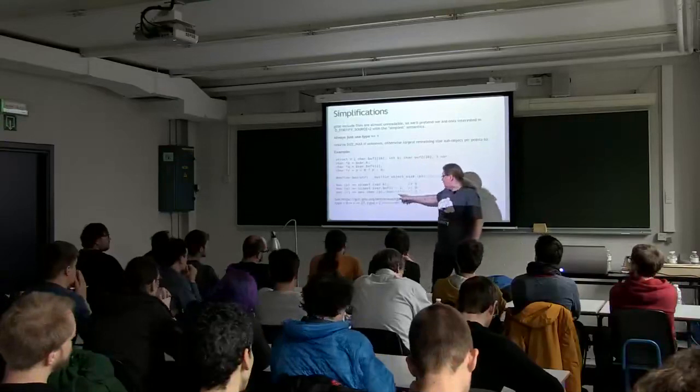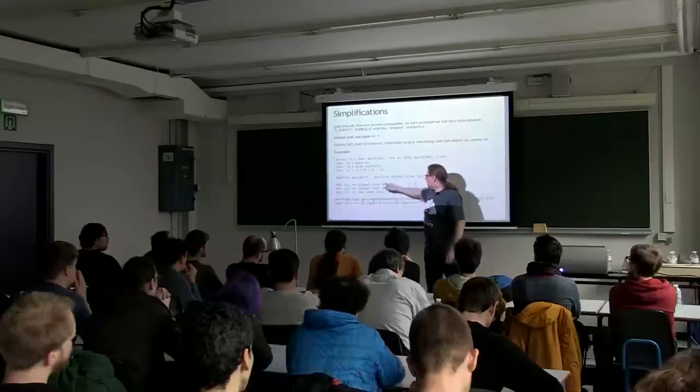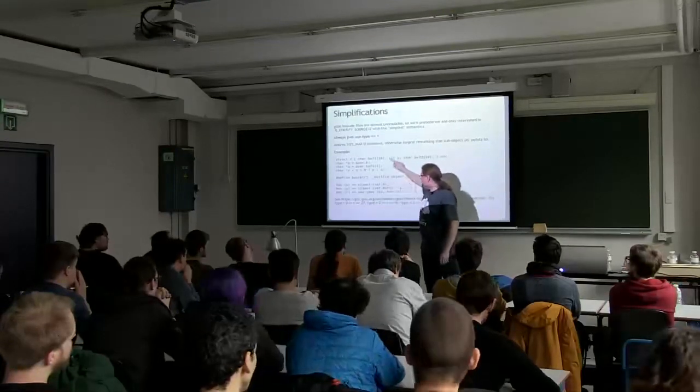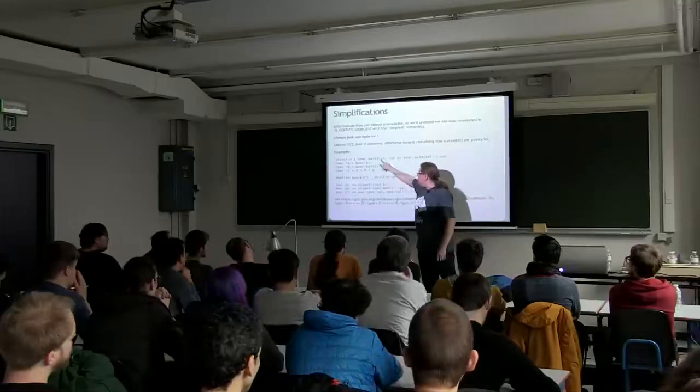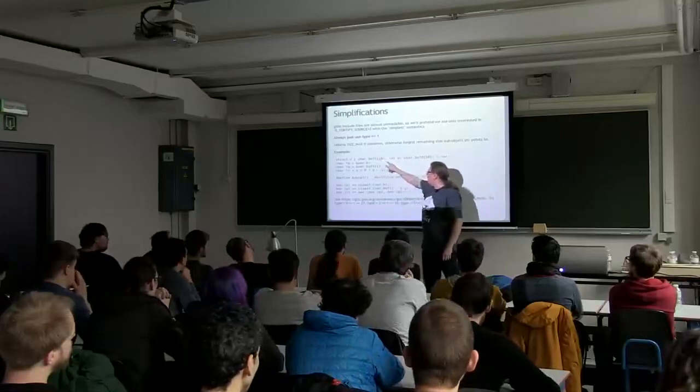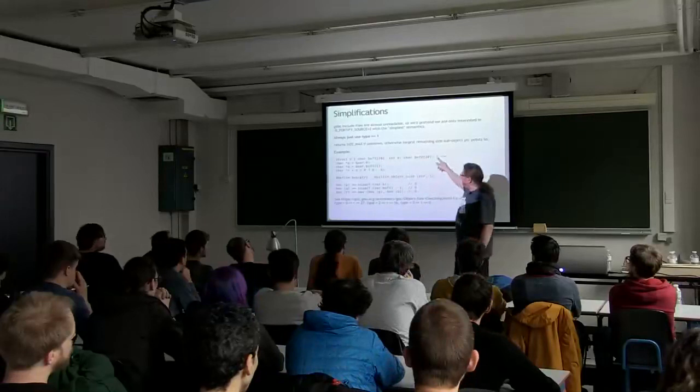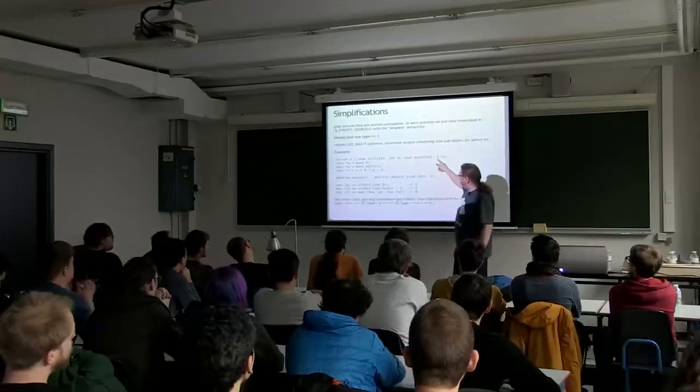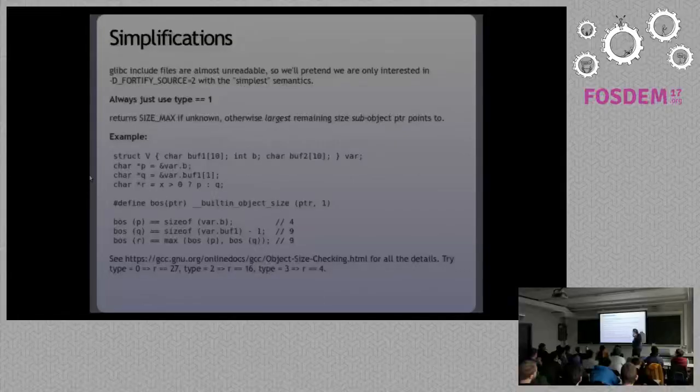So R points to P or Q, and Q points 1 after the first, and the remaining structure is 24. Is there padding involved? Yeah, probably there's padding between here. So now it doesn't give the minimum but the maximum.